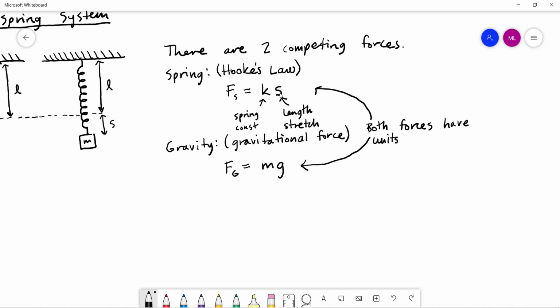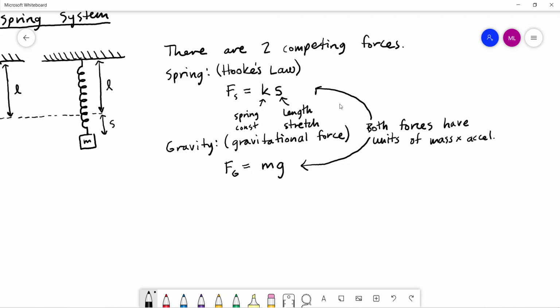Again, this isn't a physics class, but the units of force are newtons. If we want to write them out, it's a mass times an acceleration. So I have units of mass times acceleration.